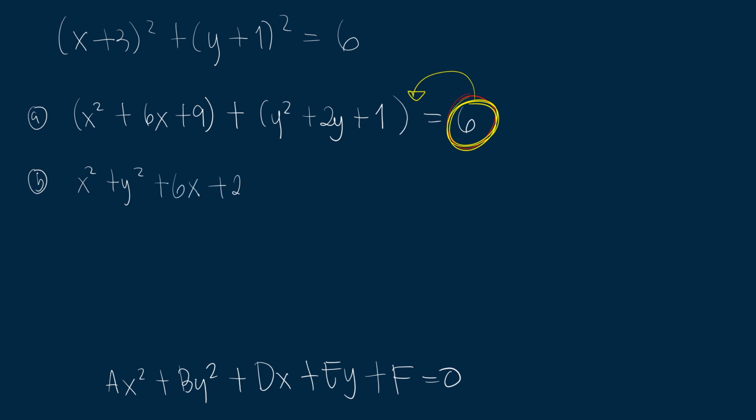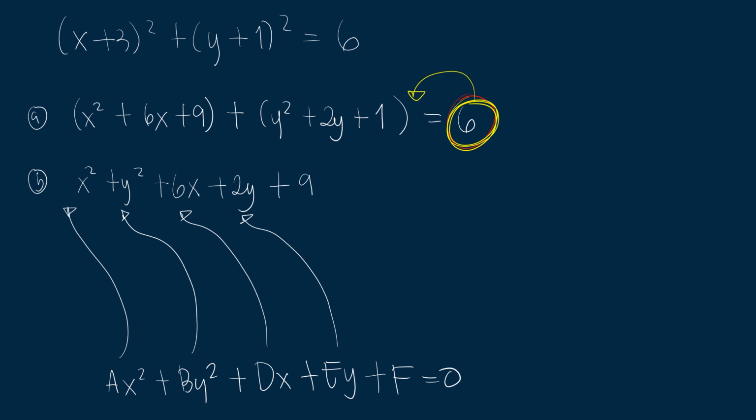Then we can see that this is your ax squared, these are your by squared, dx, and ey. And lastly, there are constant terms remaining: plus 9 plus 1, and the 6 from positive will become negative 6, is equal to 0. I will erase this part first.